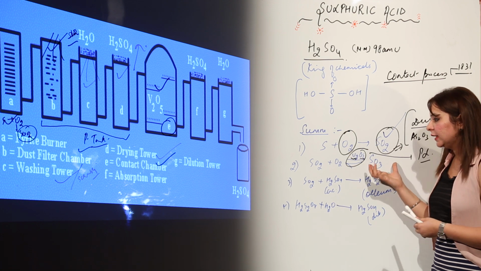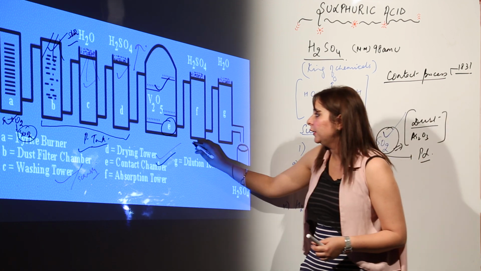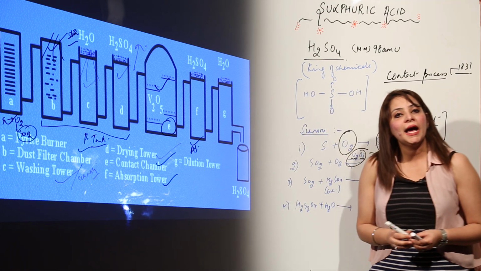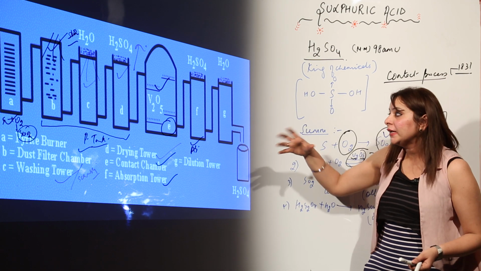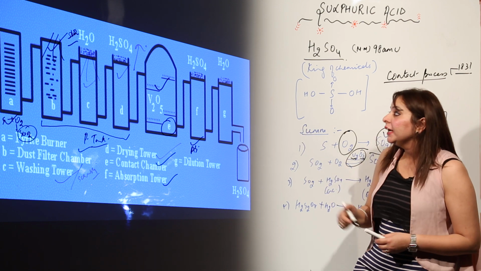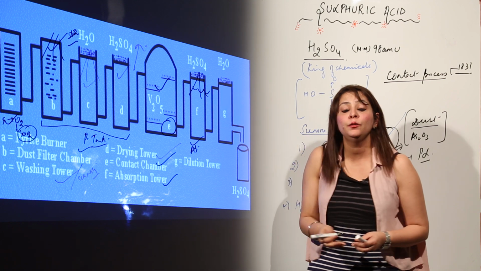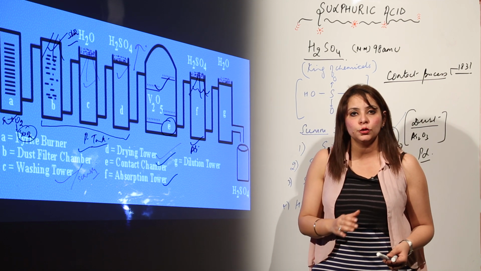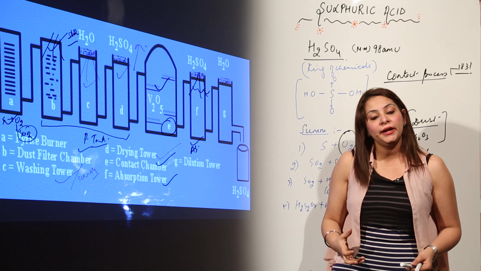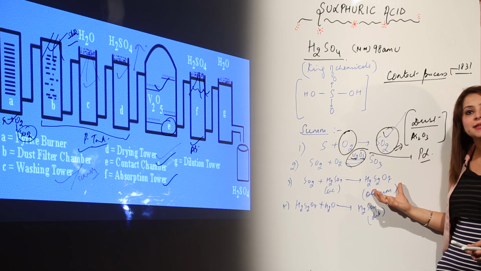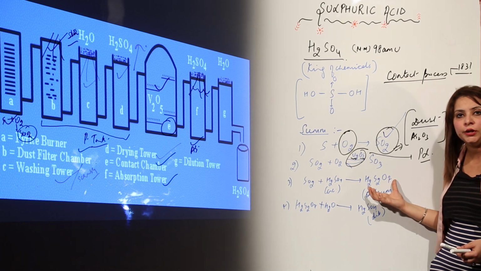Then we pass this sulfur trioxide into another chamber called the absorbing tower. The F1 is called the absorbing tower. What happens in the absorbing tower? Here a stream of concentrated sulfuric acid is passed, and it reacts with SO3 to form highly concentrated sulfuric acid, that is the oleum, right?